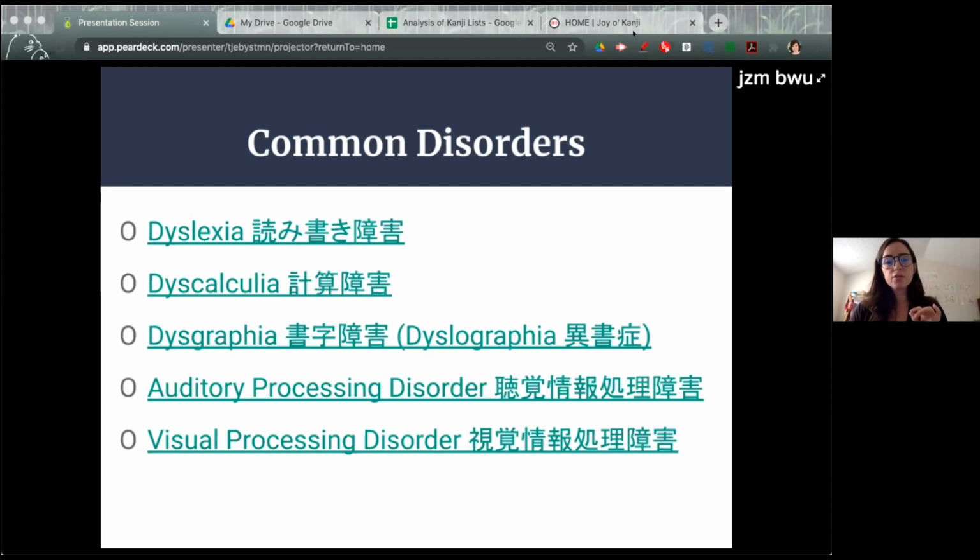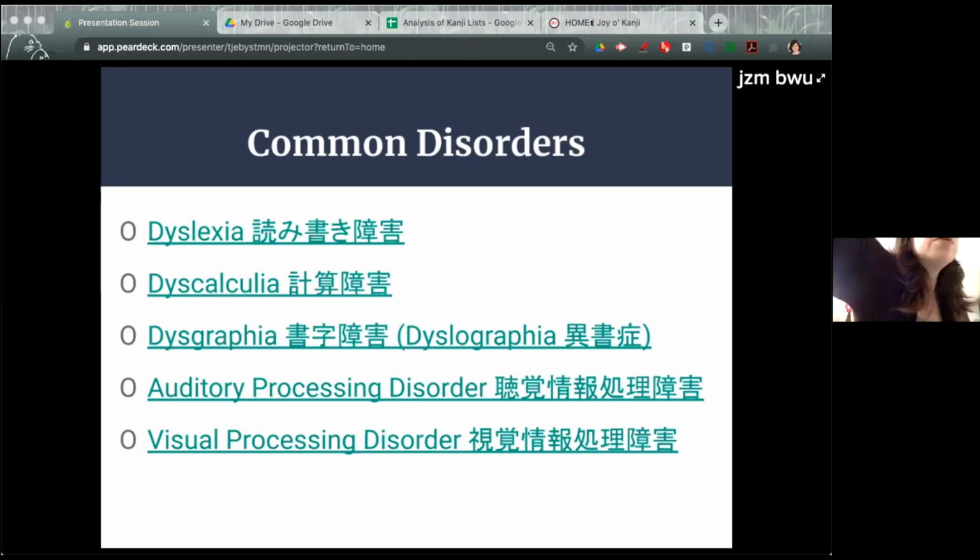Auditory processing disorders and visual processing disorders. An auditory processing disorder is one where it is not a problem with the physical mechanics of the ear. It is a problem with the way that the student's brain processes information that they hear.